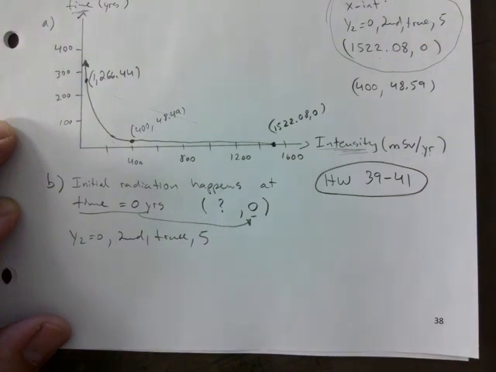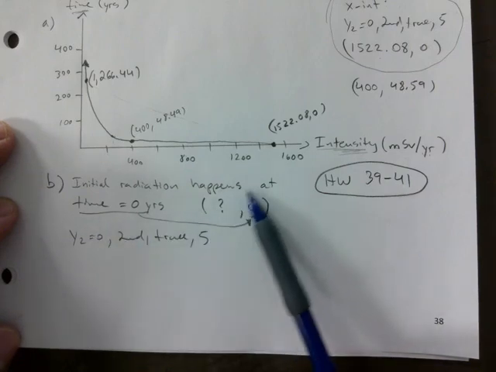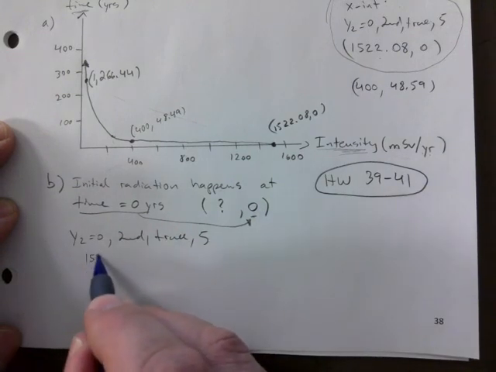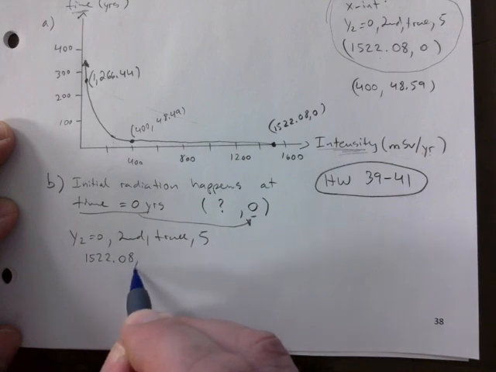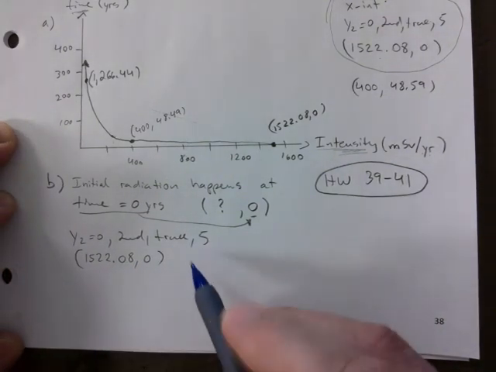Did you catch that? Normally time is our x, right? So we would go, oh, it's the y-intercept. No, in this case, it's the x-intercept because time is my y variable. And I already know that, right? I've calculated it when I did my graph. Okay, this is the x-intercept.